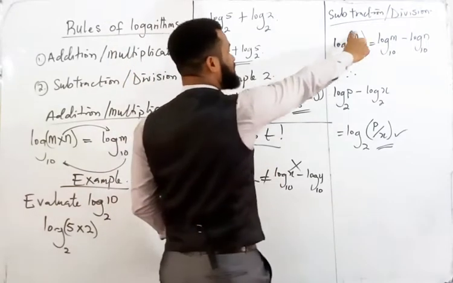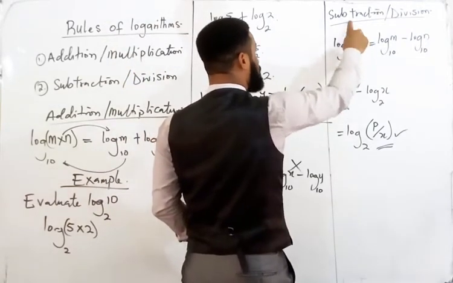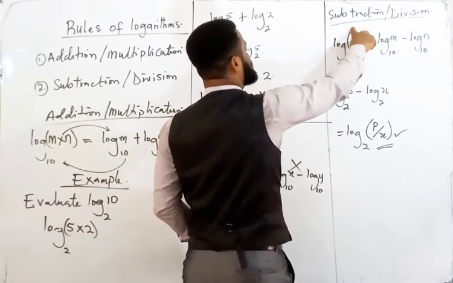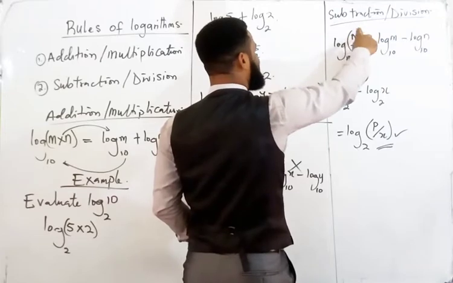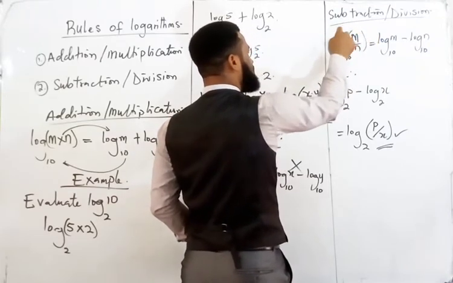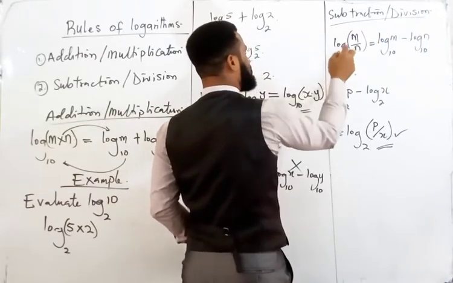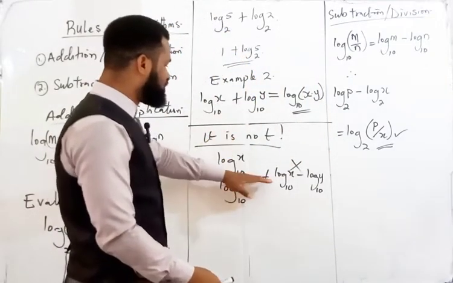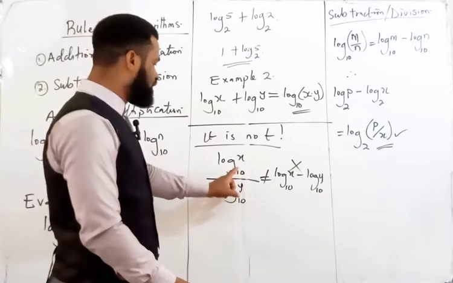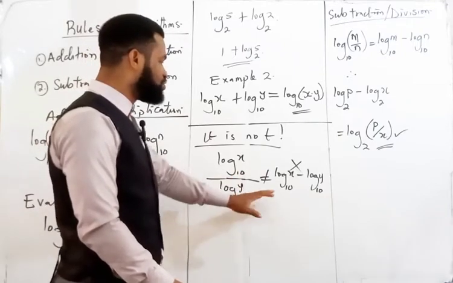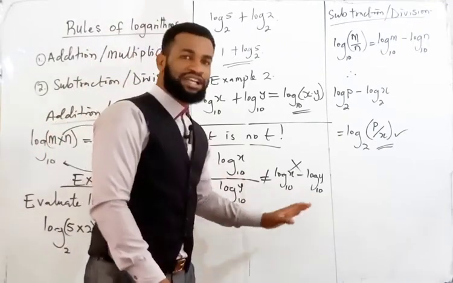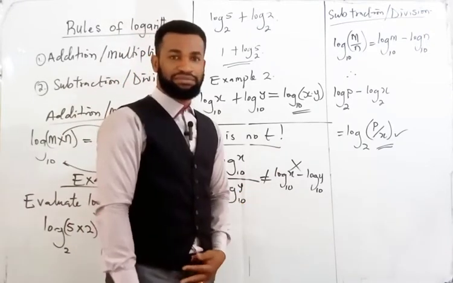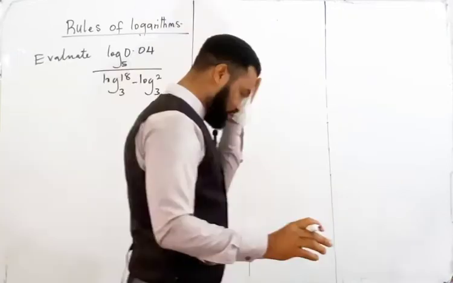It cannot be the same thing as this, where this one is just one log and everything being divided is a number or integer in front of just one single log with one base. But when you do a separate log divided by another separate log, even though they have the same base, do not take it as this, because there are some cases where they will not be the same answer.